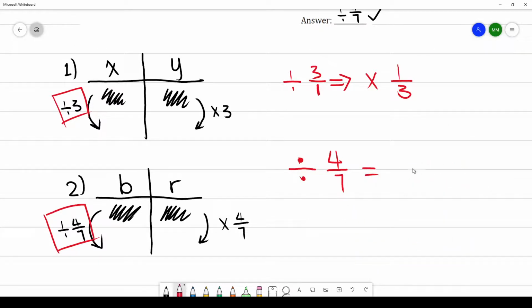You multiply it by 7 over 4. Does that make sense? It's just as simple as that. I want you to get to this part. These two expressions are exactly the same. Just because I changed it to a multiplication doesn't mean I changed anything. Divided by 4 over 7 is exactly the same as times 7 over 4. Okay?